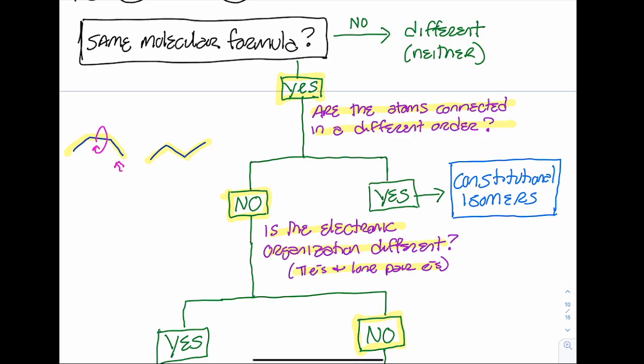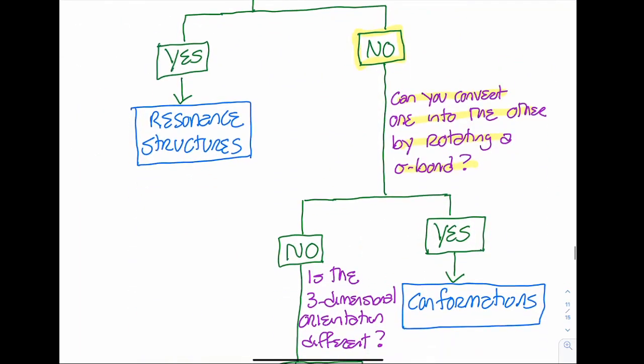It would actually flip in the back and then come back out. So can I rotate that bond and make this carbon right here in that orientation? Yes, I can. So going back to our chart, can I convert one into the other by rotating a bond? Yes. So that makes these conformations of each other.